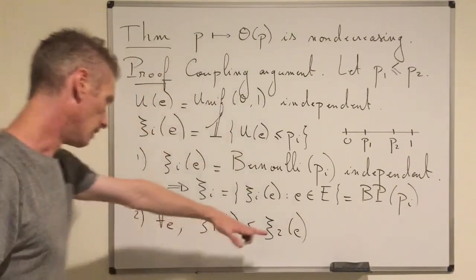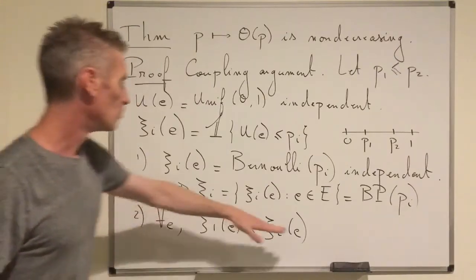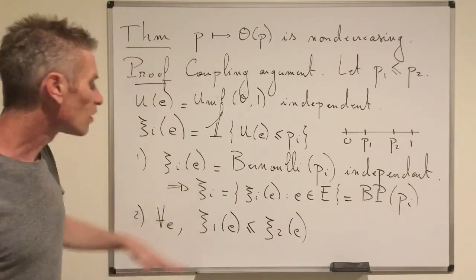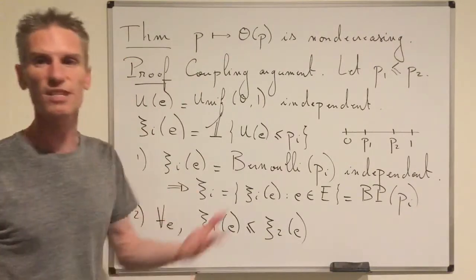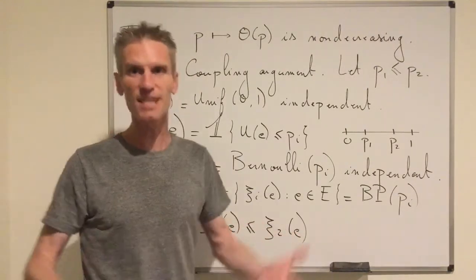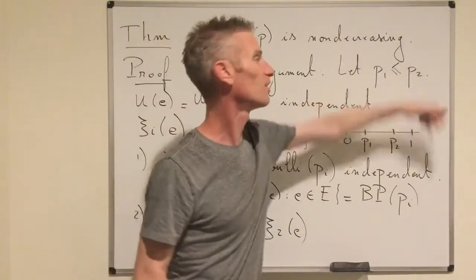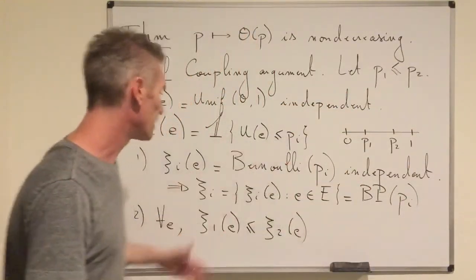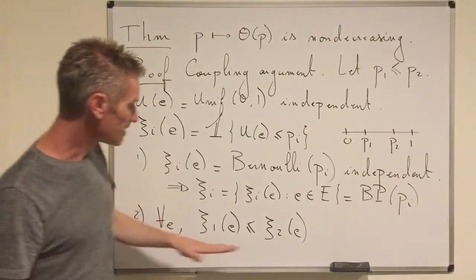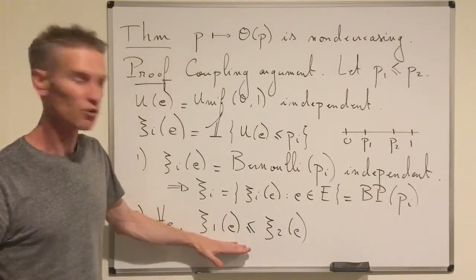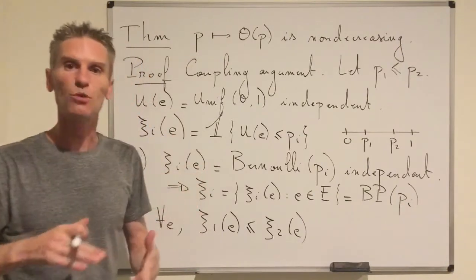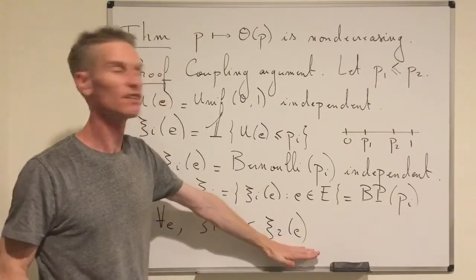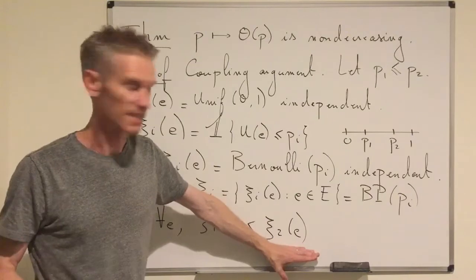So, from this, we deduce that not only the density of open edges for the first process is smaller than for the second process, that's obvious from the assumption that P1 is less than P2, we can say more than that. We can say that the set of open edges for the first process is, with probability 1, a subset of the set of open edges for the second process.